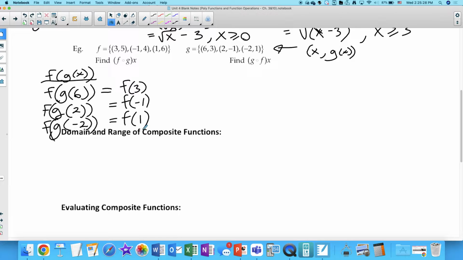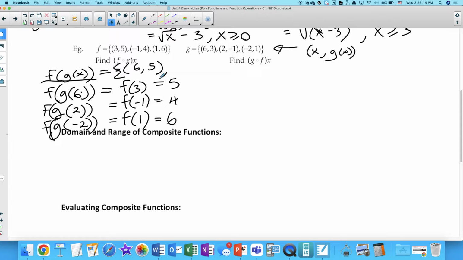Now I can check whether I have a value for each of these. Is f of 3 defined? Yep, it's 5. f of -1 is 4. f of 1 is 6. So if I put f of g of x into a set of points, the first one had an original x value of 6 and an output value of 5, so the first point is (6, 5).